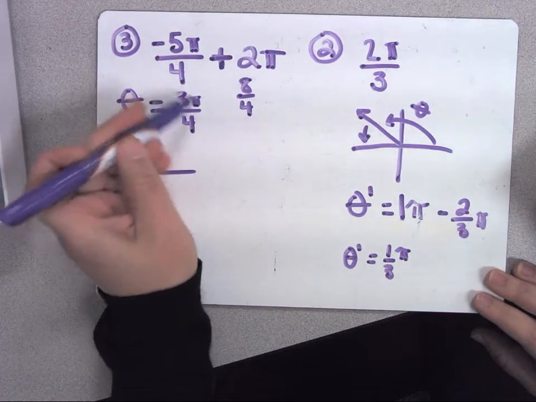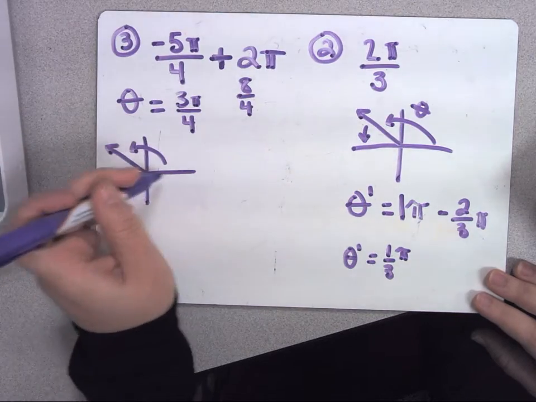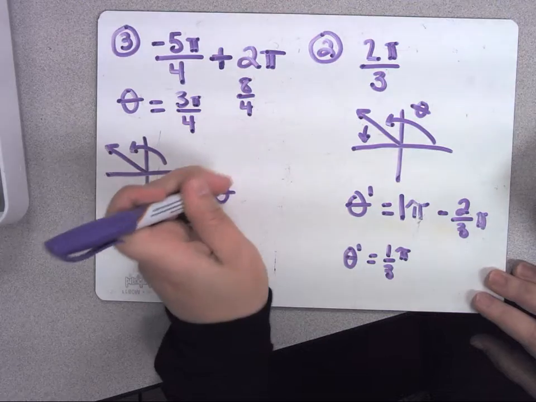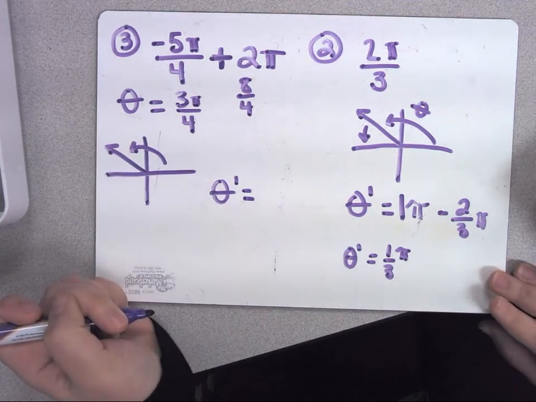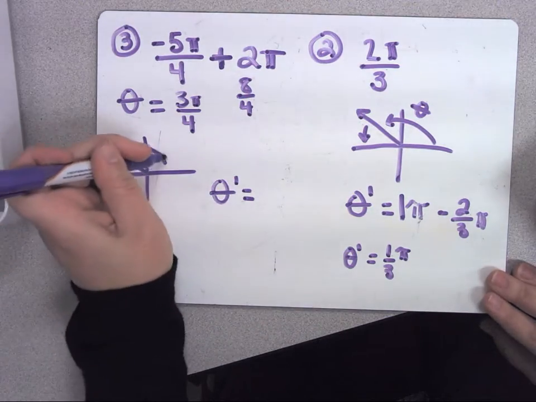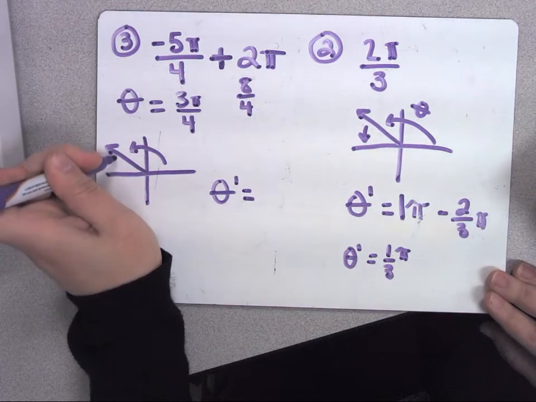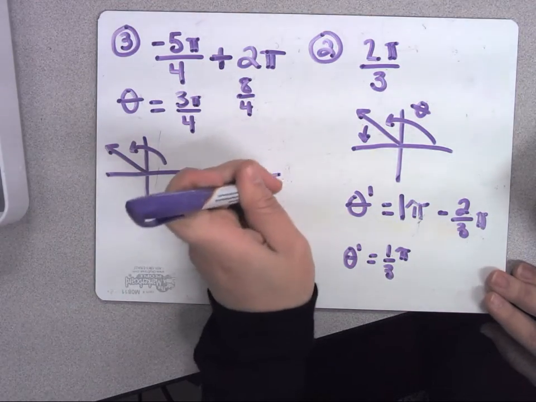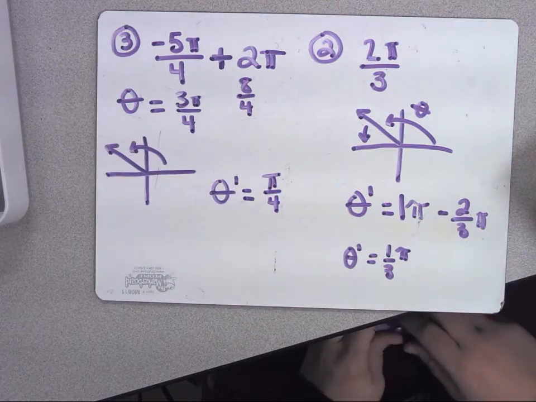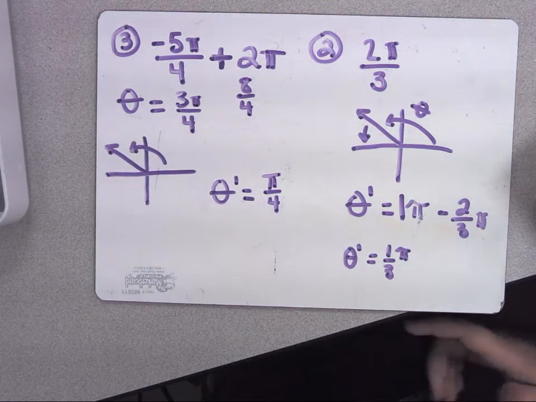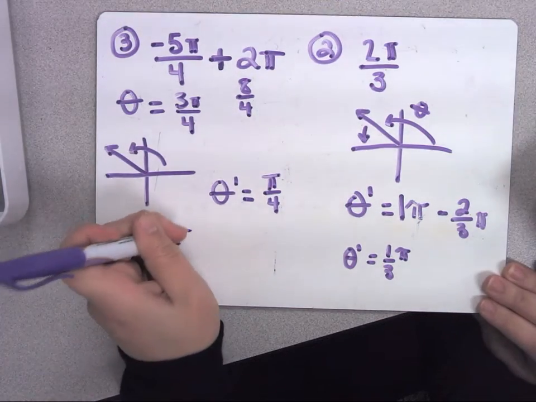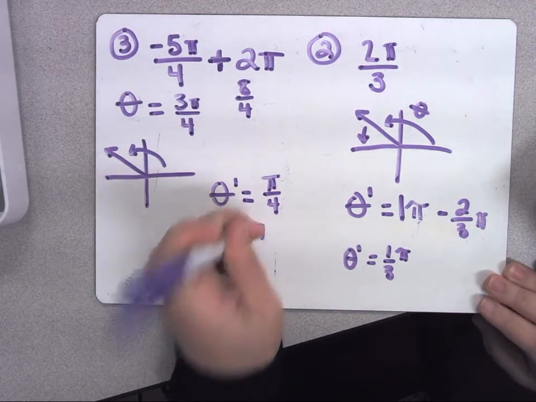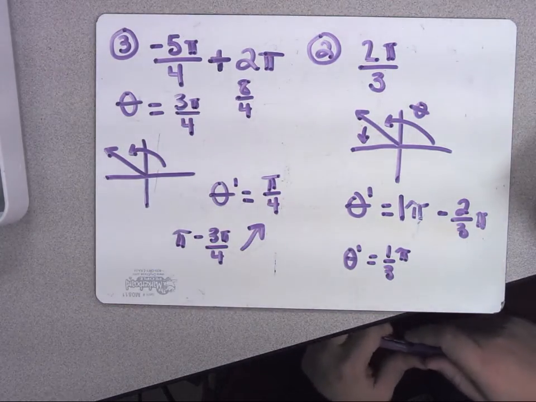If that's 3/4 and the whole line is 1 pi, you shouldn't even have to do the subtraction. How many fourths do you have left until you hit a whole number? 1. 1 pi over 4. Or again, you can show the work of pi minus 3 pi over 4. Either way, you still get the same answer.